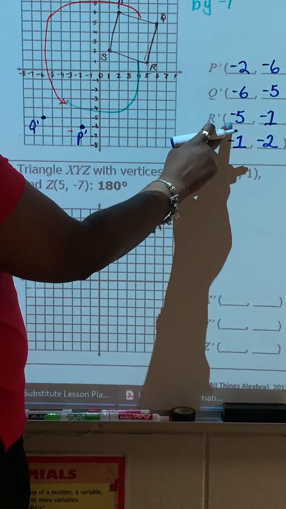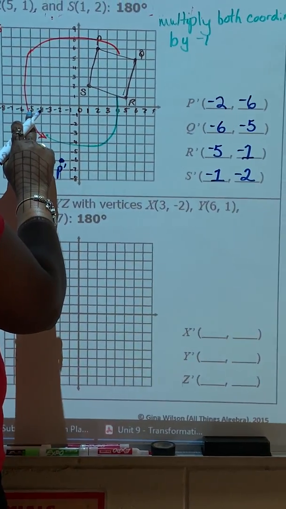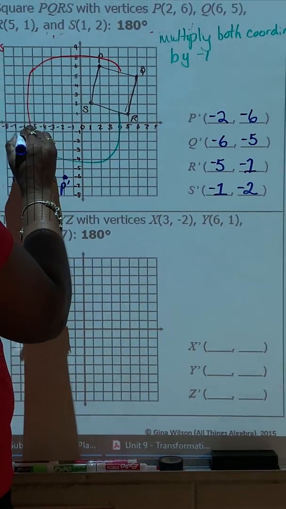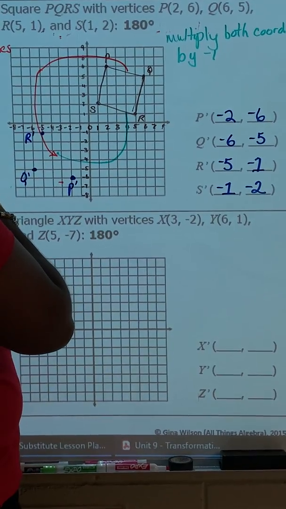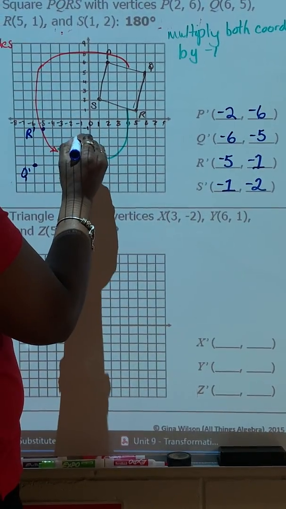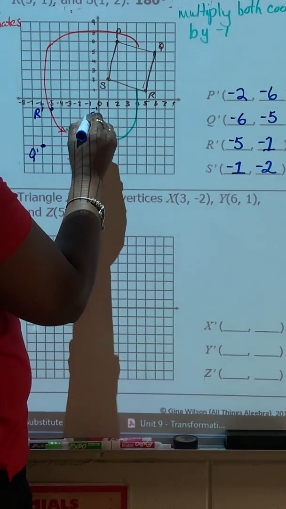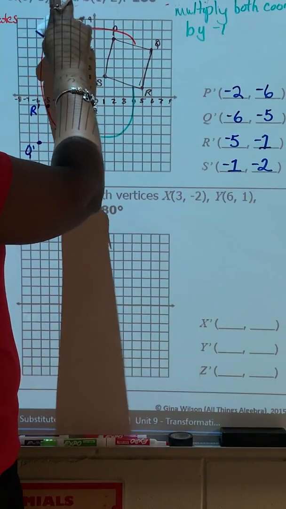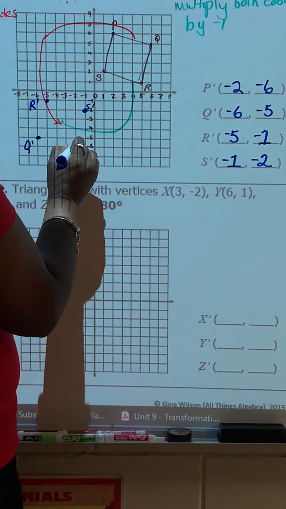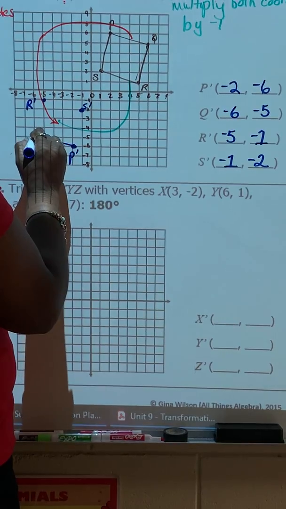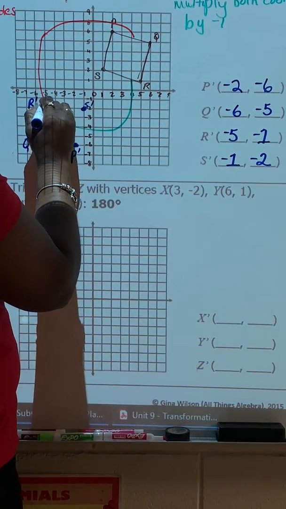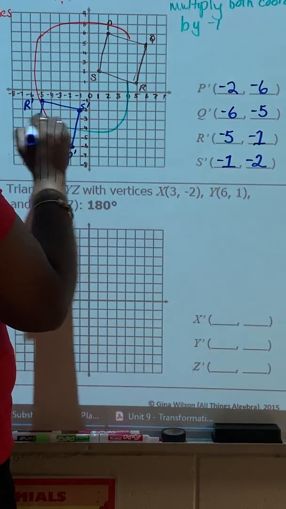R prime is -5, -1. And I'm labeled. S prime is -1, -2. And I'm going to connect them in the same order. P, Q, R, S, and then connect.